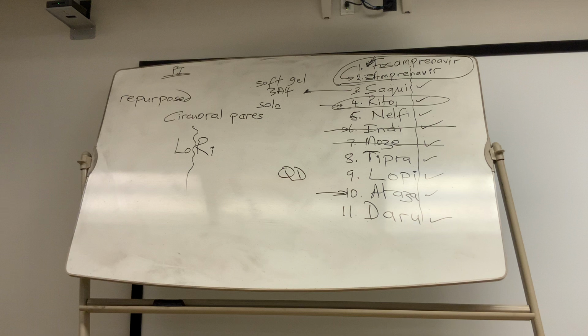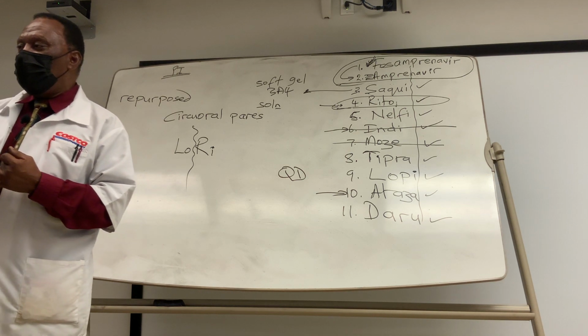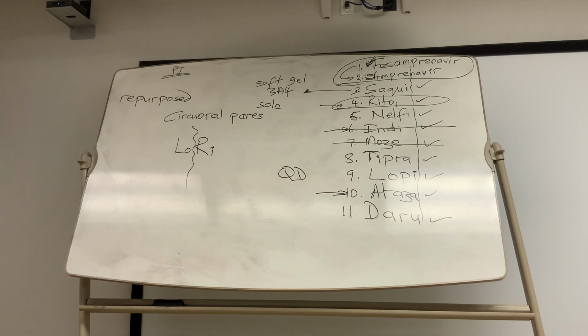So people thought that, okay, this is probably the best PI, until it was discovered that it can actually cause kidney stones, nephrolithiasis, and it can also cause gallbladder stones. Okay, kidney stones and gallbladder stones.